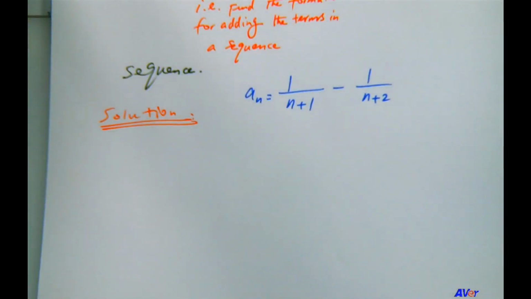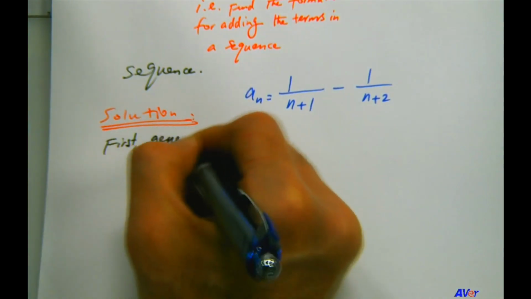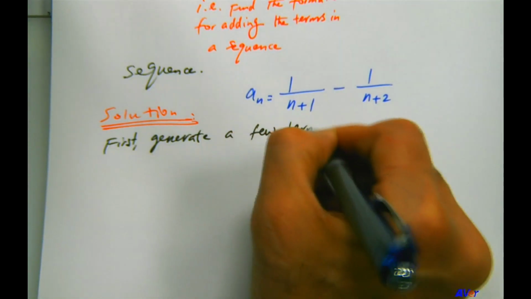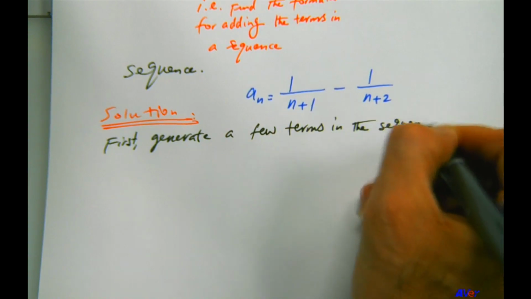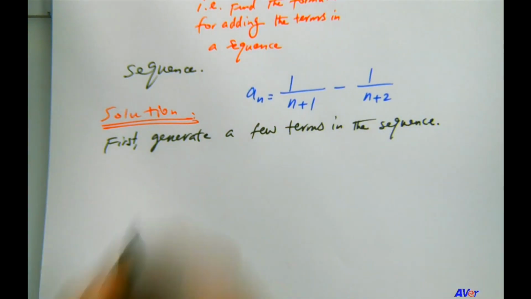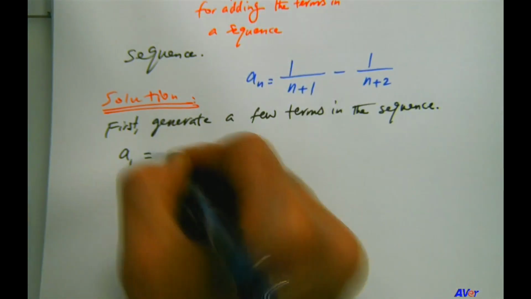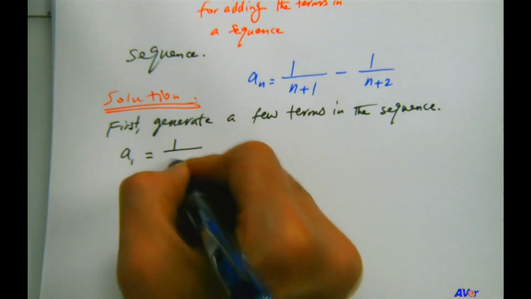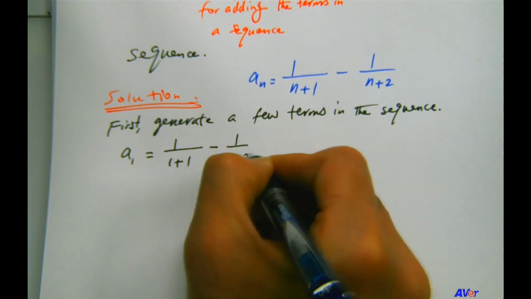So solution, first, generate a few terms in the sequence. So that's what we need to do. So A1 equals, plugging in 1 for n, 1 over 1 plus 1 minus 1 over 1 plus 2.